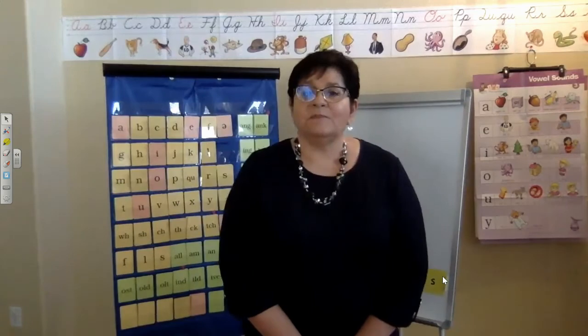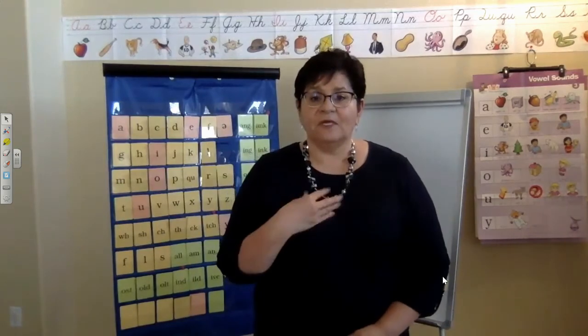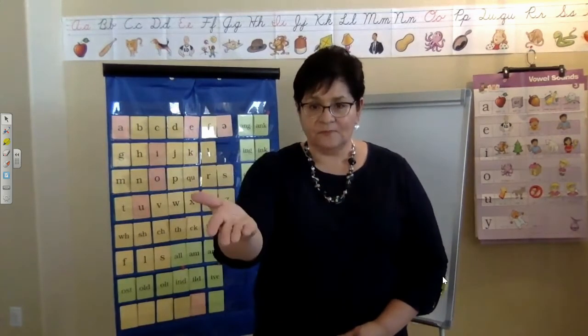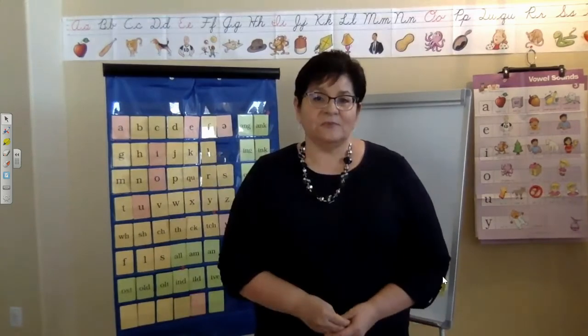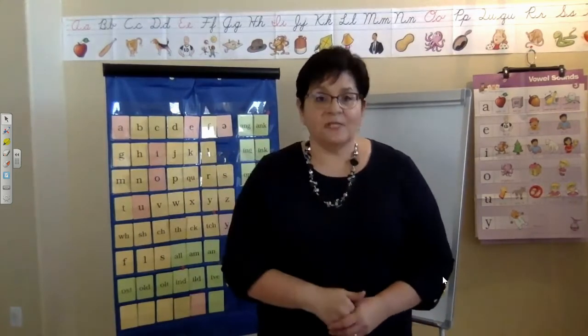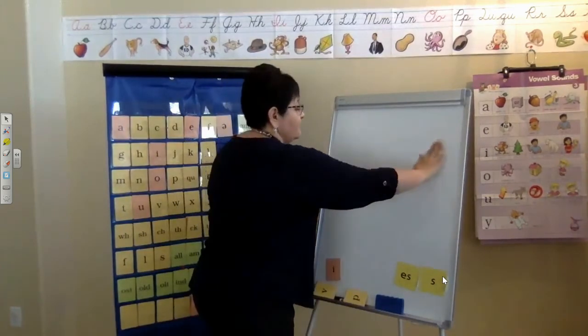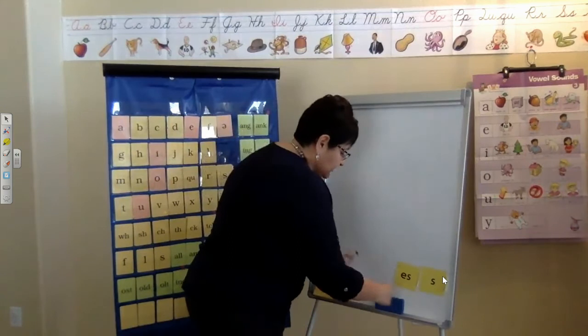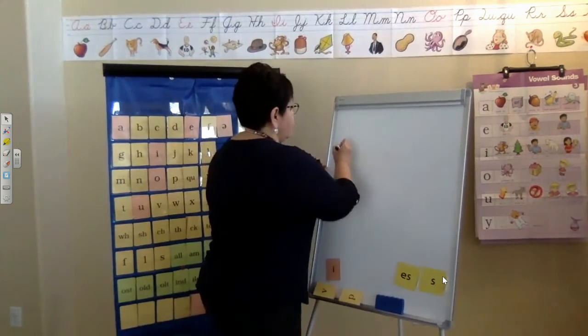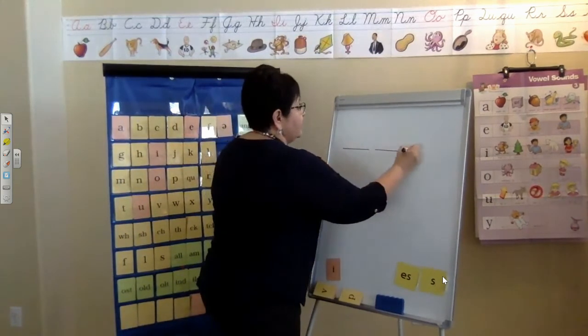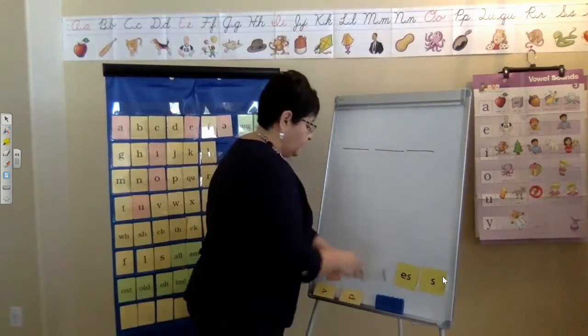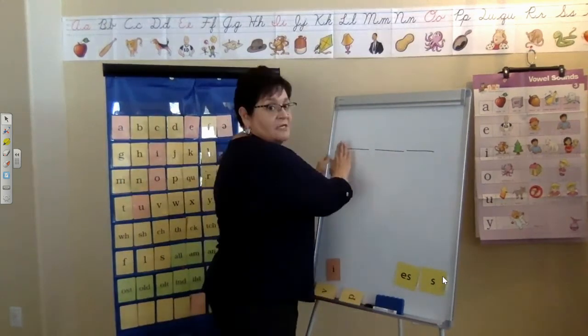Okay, so you're going to be my echo. Be my echo. Volcanoes. What is the base word? Volcano. So let's tap that out. Volcano. So how many lines do we need? We need 3. All right, here we go.